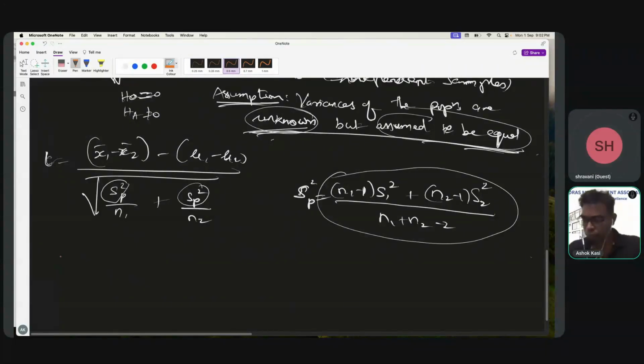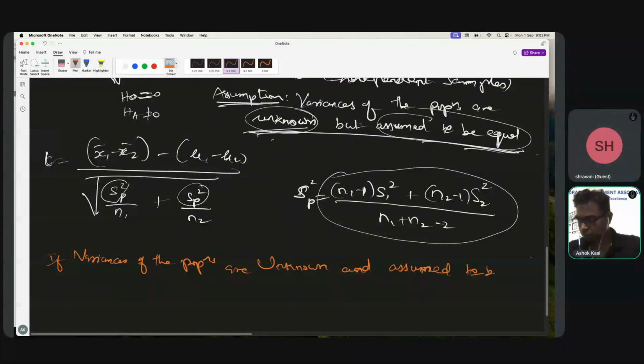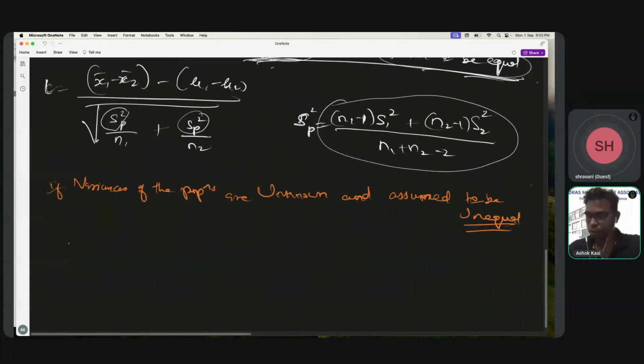If variances of the populations are unknown and assumed to be unequal, then what will happen? Then the formula changes like this.